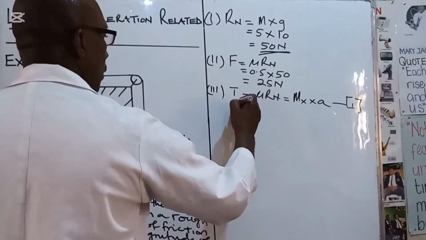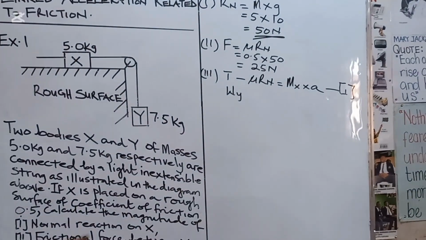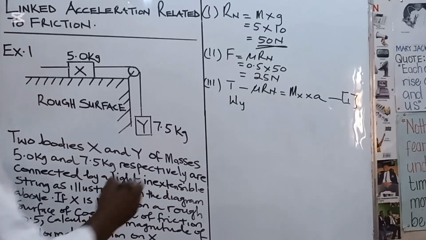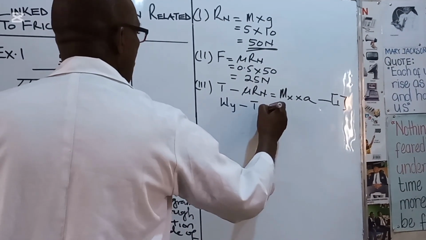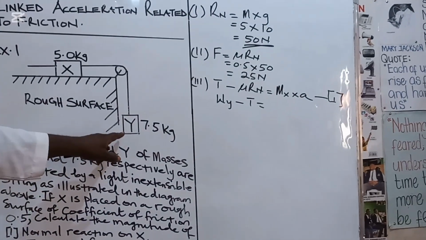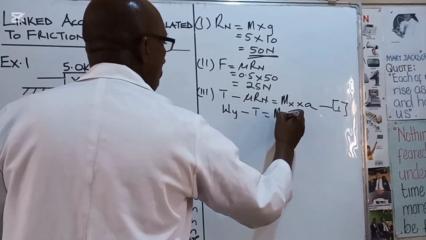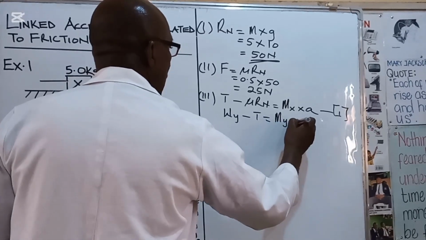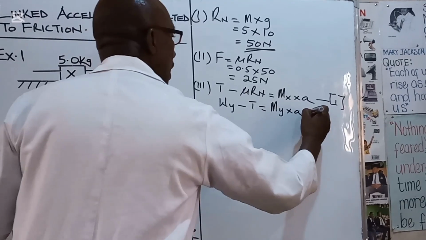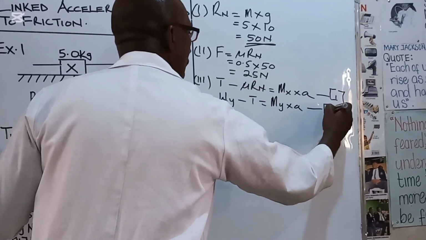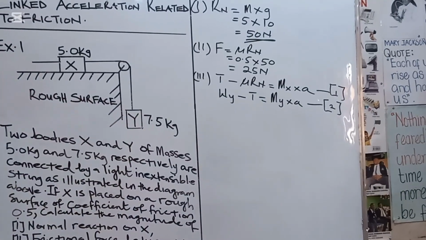So I'll have W, Y, minus the tension going upwards, minus T, is equal to the mass of Y, times what? Acceleration. Now we call that equation number 2. Are we there? Let's input the values.